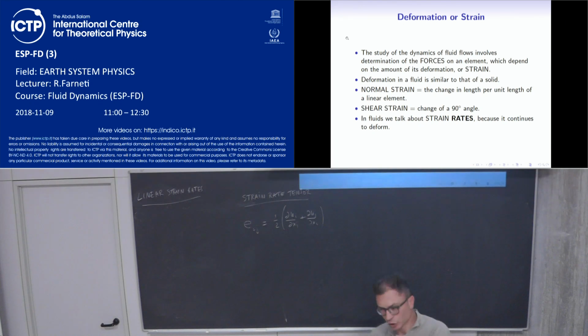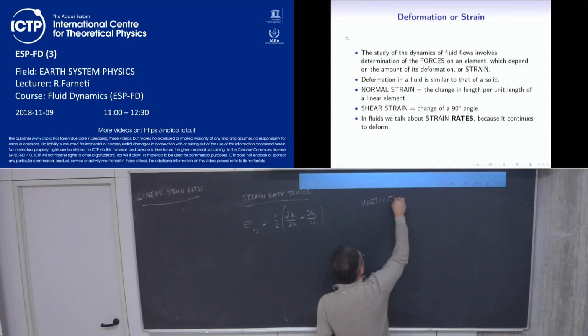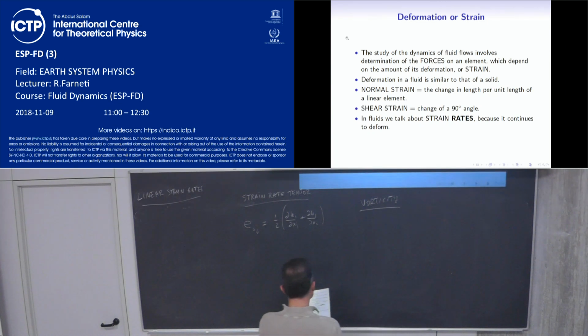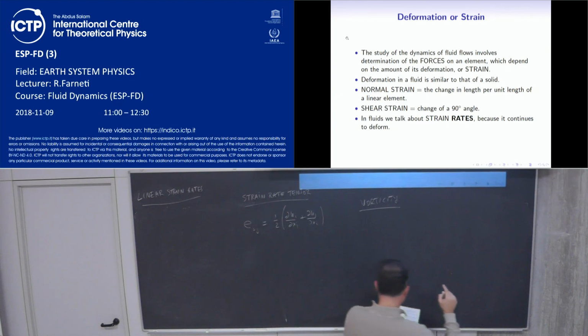So if you have a shear rate, this element of fluid might start to rotate, and that is called vorticity. Okay, so the definition of the vorticity is through the rotation of this element of fluid.